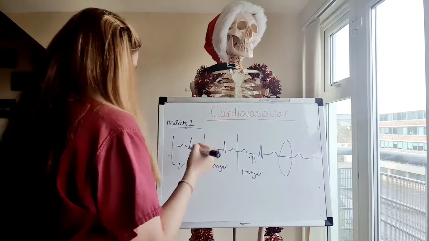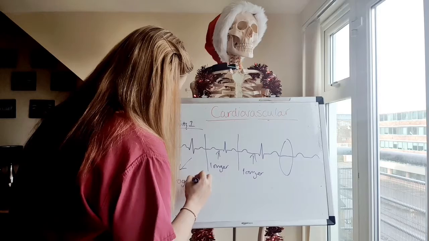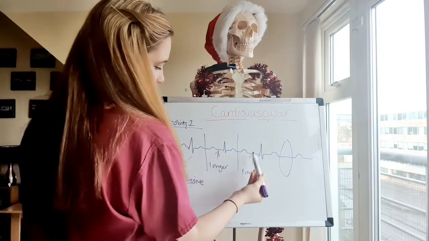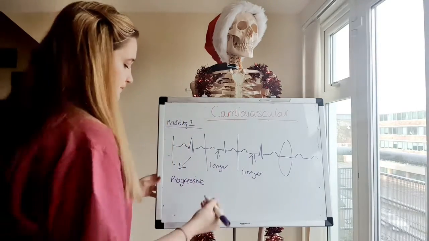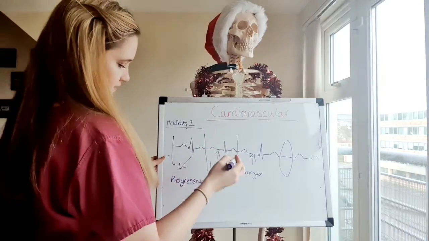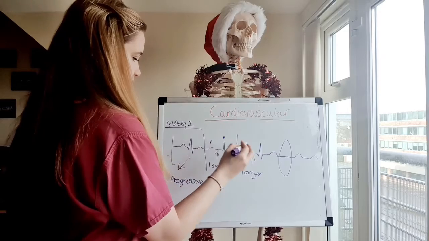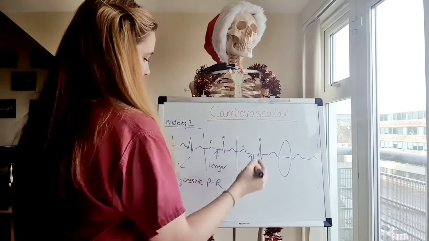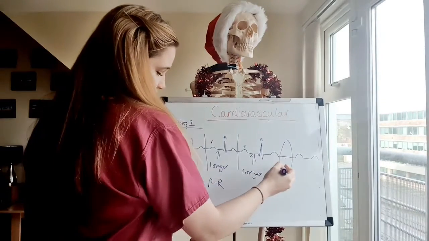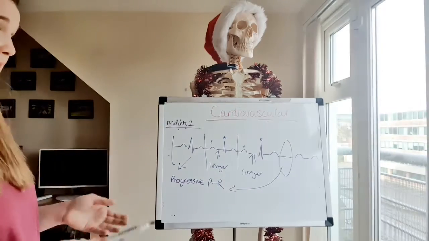Now, there is a progressive elongation of this P to R length. So you're looking at the P wave here, and R is up here. If that's getting progressively longer, and then you have a drop of your QRS, that will give you Mobitz 1, or Wenckebach.